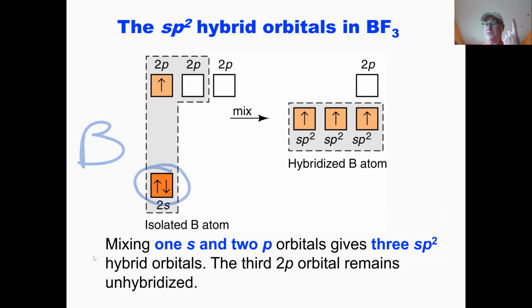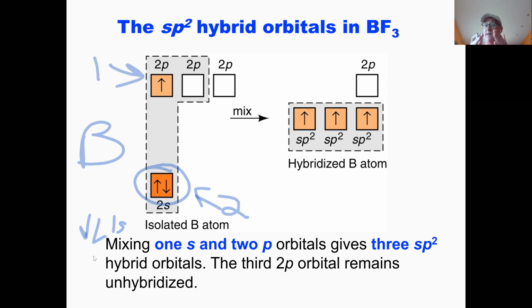It has one more electron than beryllium. So beryllium is element 4, boron's element 5. So boron has 5 electrons, and 3 of them are used for bonding. The 1s electrons down here aren't involved in bonding. They're not valence electrons. So it has 3 valence electrons, 2 here and 1 here.